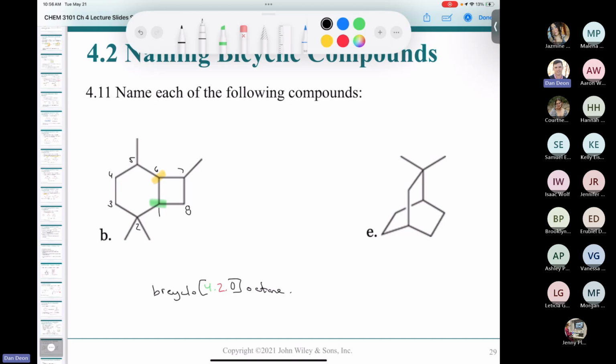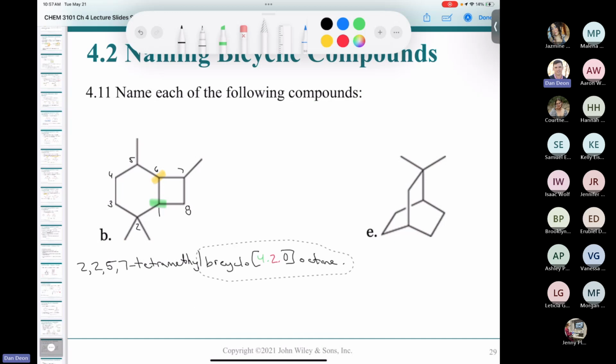So I'll put 2, 2, 5, 7 tetramethyl, and then the rest of the name, bicyclo[4.2.0]octane. So 2,2,5,7-tetramethylbicyclo[4.2.0]octane. Seems like a mouthful, but if you just follow it step by step, it's not too bad.